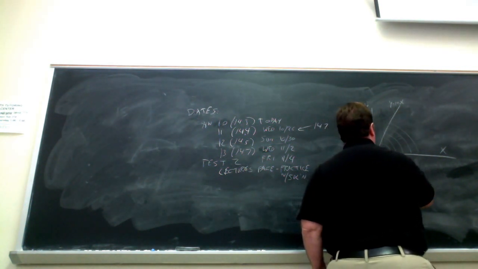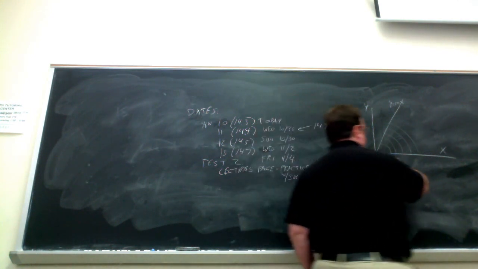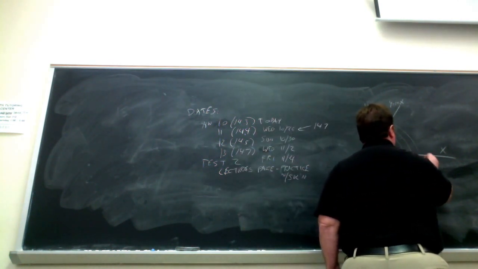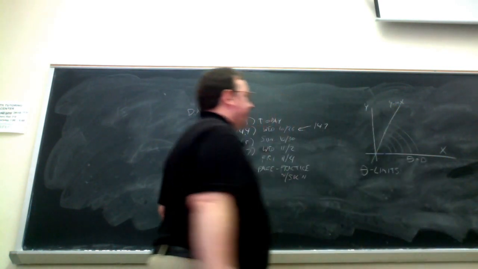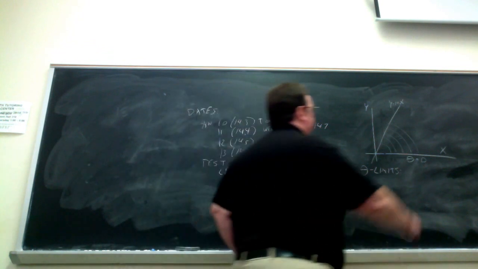In this example drawn here, clearly theta equals 0 would be the lower limit. But what about the upper limit?